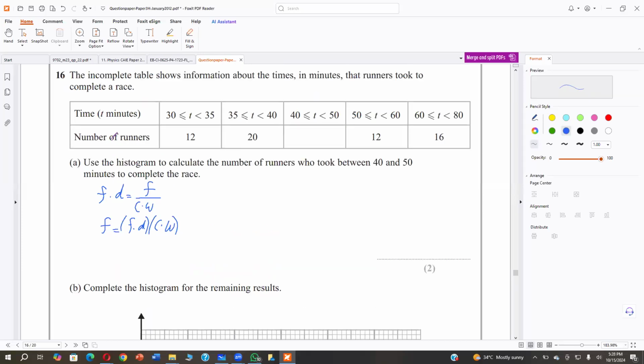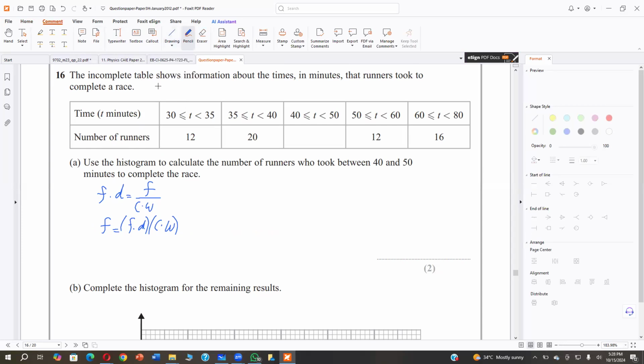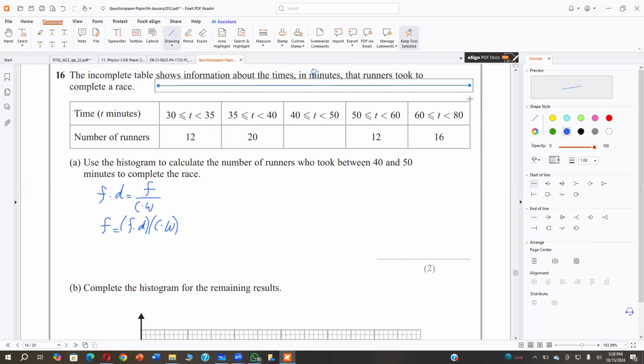So we have to make a table here for frequency density. He has not given us any scale, so we should mark our own scale. Can you find the frequency density, the class width?